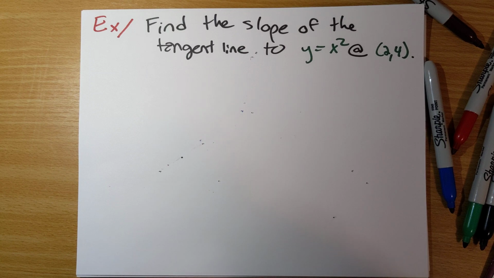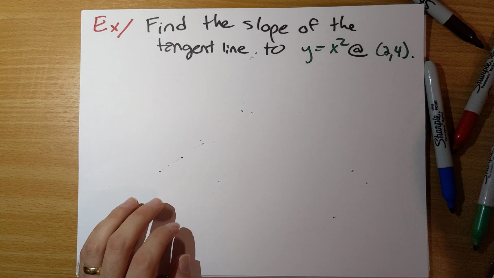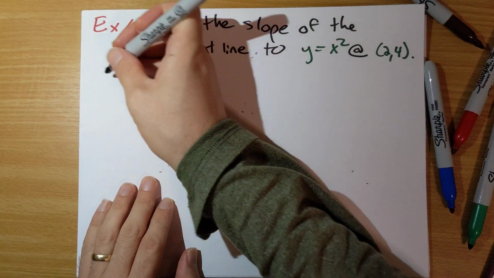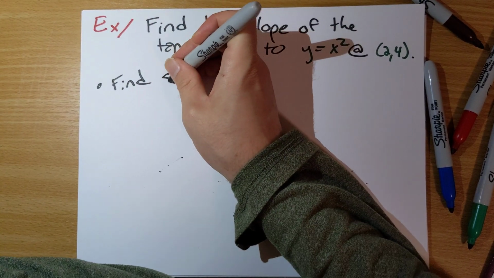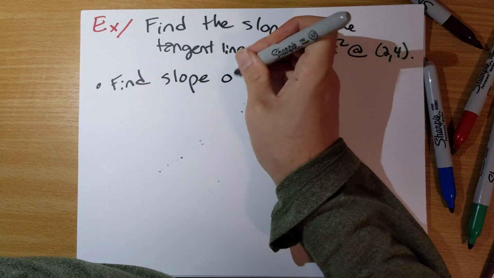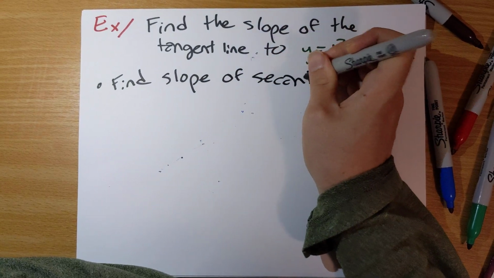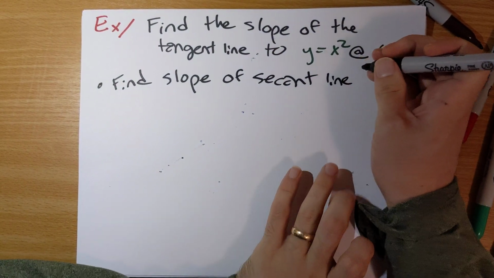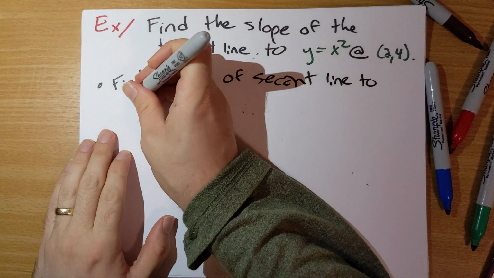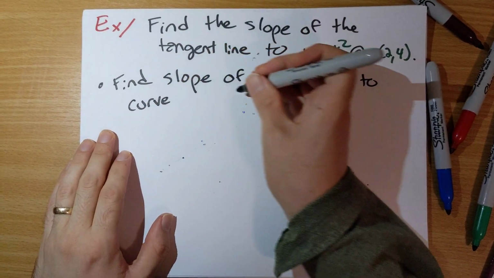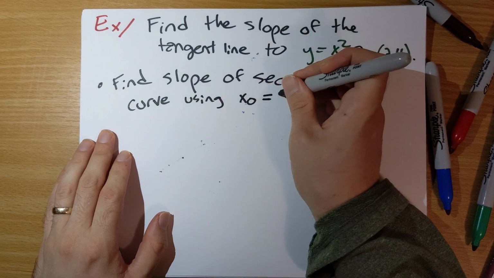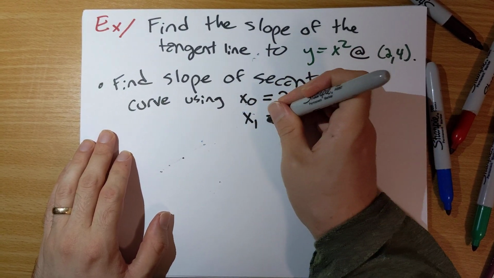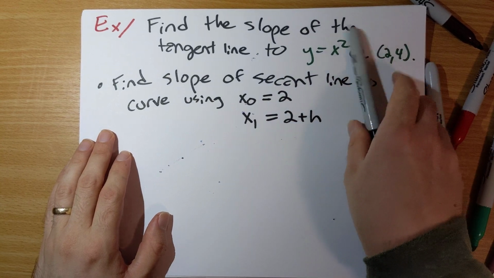So how do we proceed here? We want to find the slope of the secant line to the curve using x0 equal to 2 and x1 equal to 2 plus h.